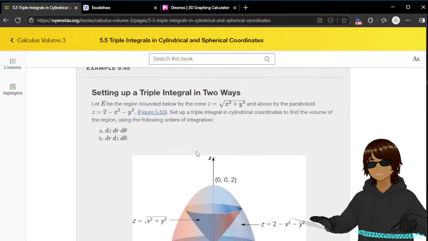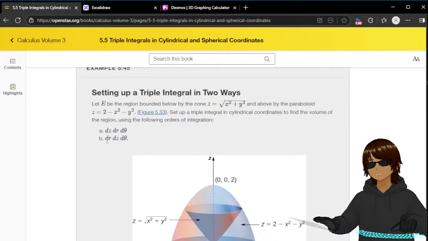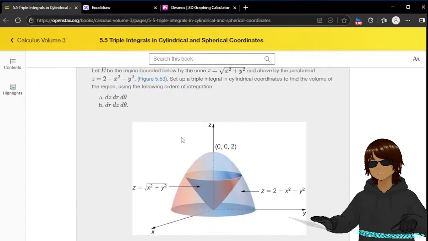Let E be the region bounded below by the cone and above by the paraboloid z equal to 2 minus r squared. Set up a triple integral in cylindrical coordinates to find the volume of the region using the following orders of integration: dz dr d theta, and then dr dz d theta.